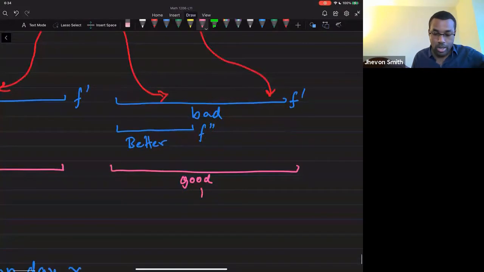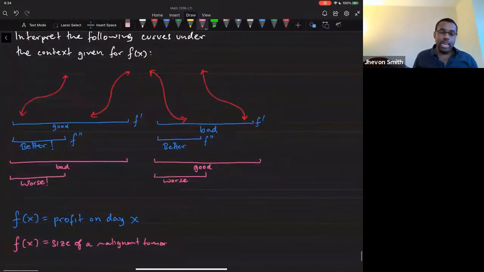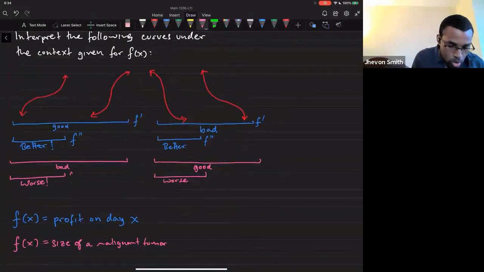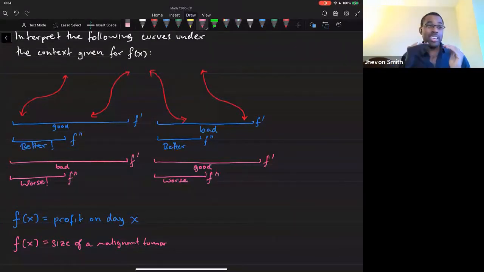Over here would be worse, right? So you can flip the interpretations, and the only way you would know if it's getting worse or better is the second derivative. The first derivative just gives you this bird's eye view, this overview of what's going on. All right, we're increasing, we're decreasing, we're moving up, we're moving down. But the second derivative can give you a lot more tailored information.